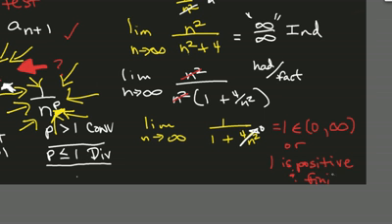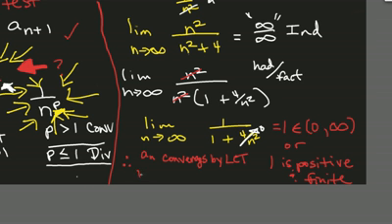And your conclusion will then be, therefore, a sub n converges by LCT because b sub n is a convergent p-series.